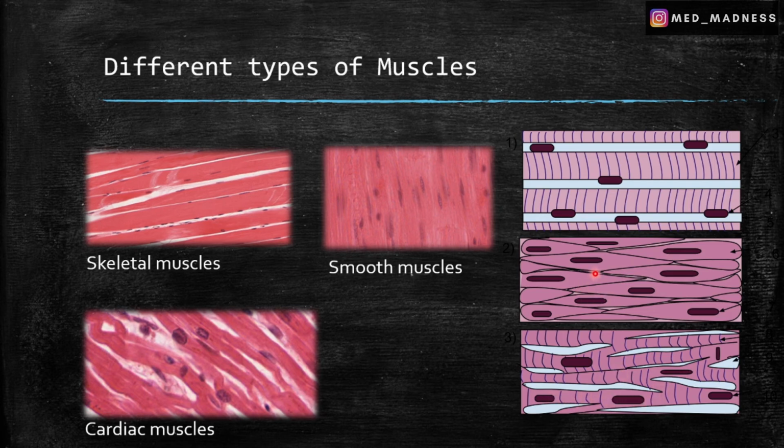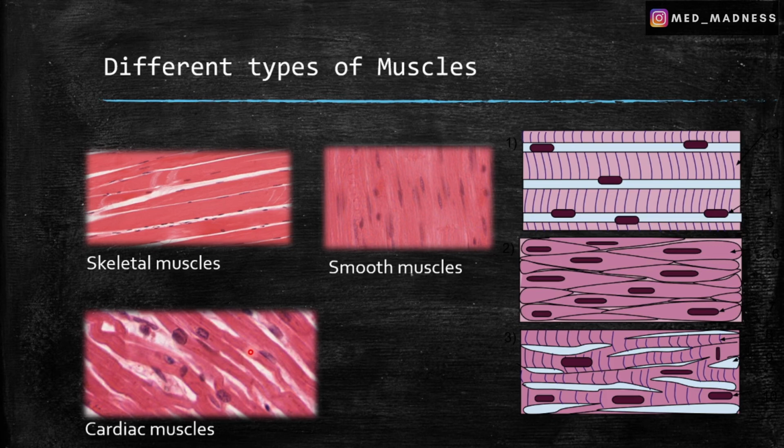In smooth muscles, you can see the spindle-shaped cells here, and the nucleus will be in the center. Look at this image. In skeletal muscles, the nucleus will be in the periphery. In smooth muscles, you can easily identify the spindle cells here. And in cardiac muscles, you can easily identify the branching pattern of the muscles, and the nucleus will be in the center.